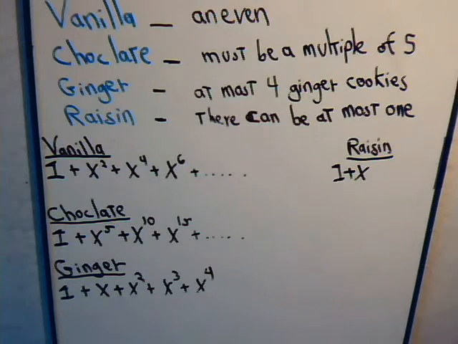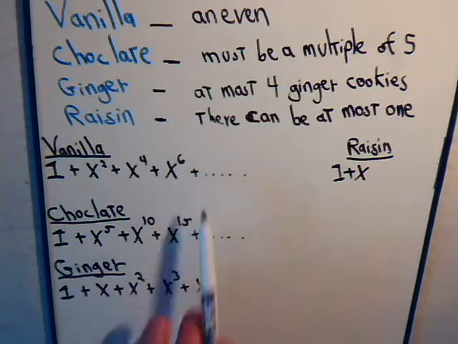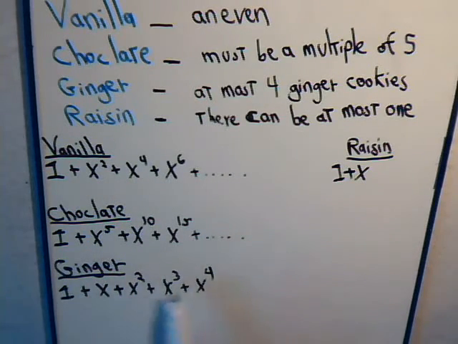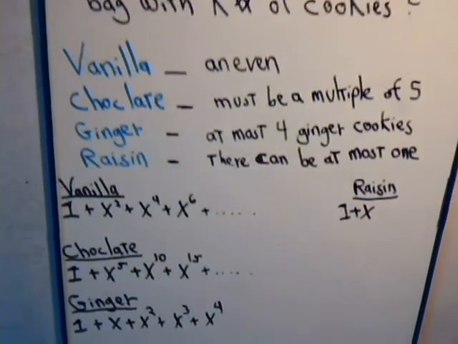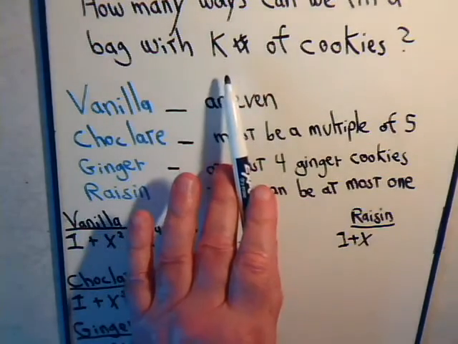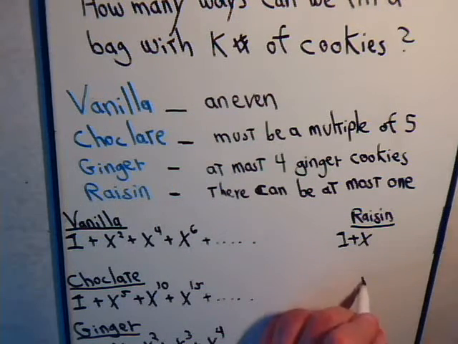Now, to consider the situation for all of these, we have to multiply all of these generating functions together, and then when we do that, we're going to ask ourselves, well, what is the coefficient of x to the k?